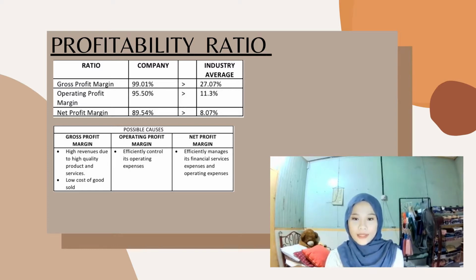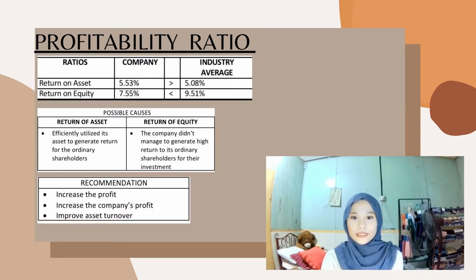As for the company's return on asset ratio, it shows that the company's ratio is higher than the industry average. This is because the company is efficient in utilizing its assets to generate return for the ordinary shareholders, while the return on equity ratio of the company is lower than the industry average.